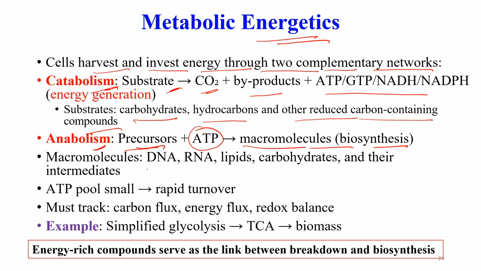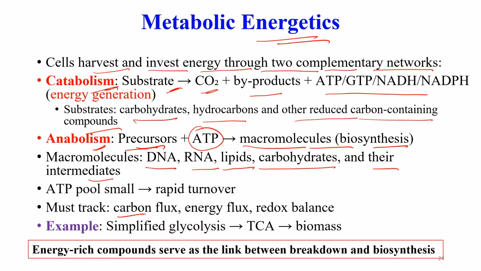So, different biomacromolecules like DNA, RNA, nucleic acids, lipids, carbohydrates and different intermediates are made. Basically, what we are seeing is that ATP is produced during catabolism and it is utilized during the anabolism process.